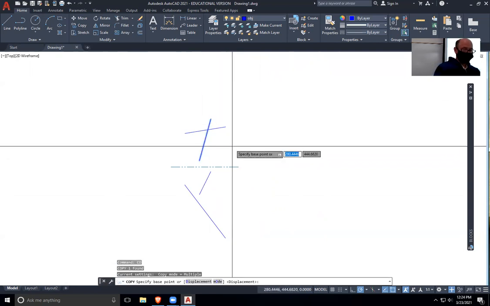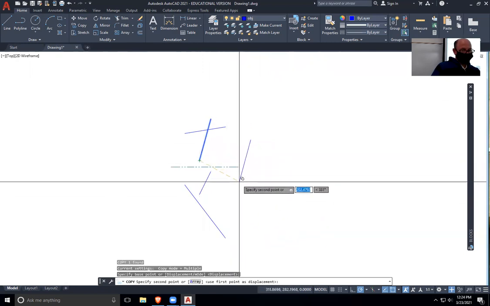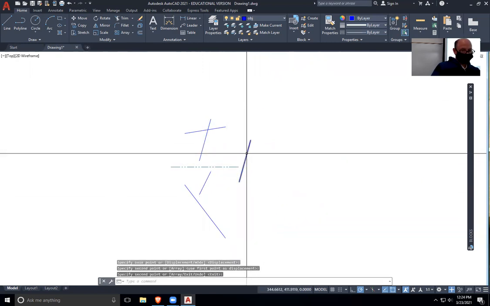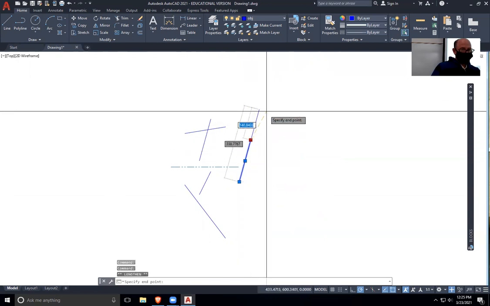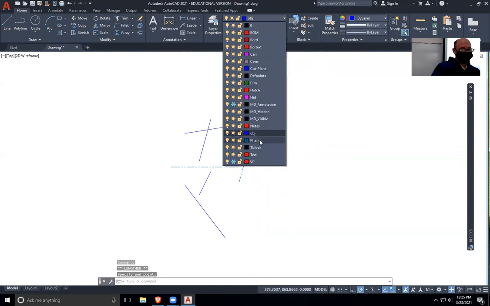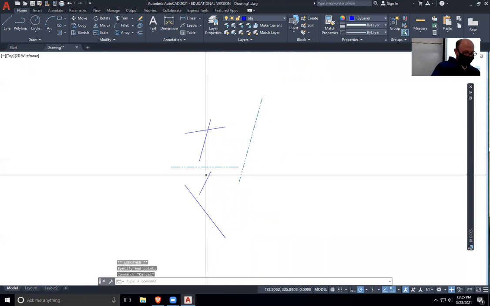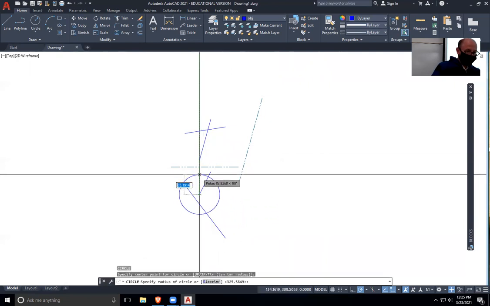Okay. So let's put it over here. Lengthen it out a bit, put it on the phantom layer. And there's my reference line for AB. And then I'll use the distances here.